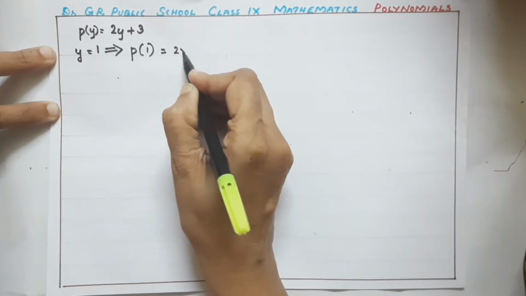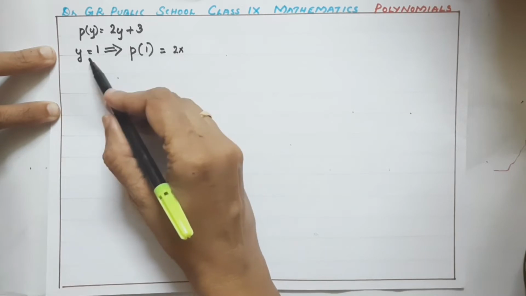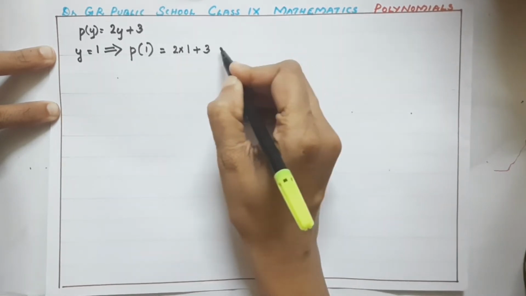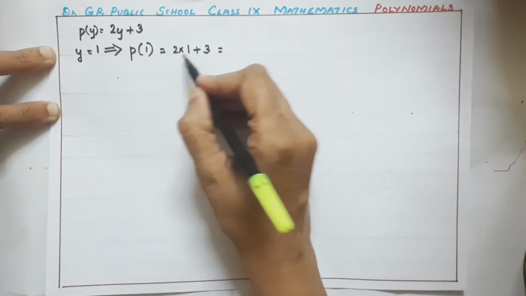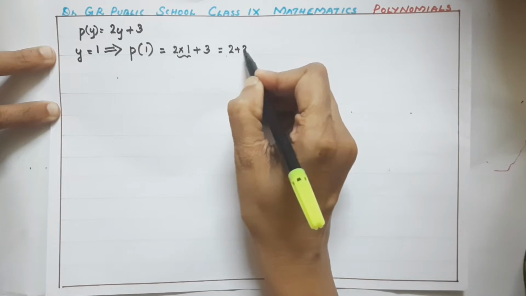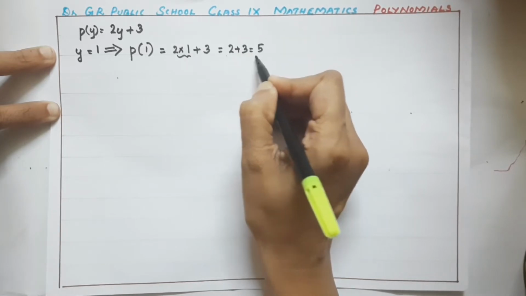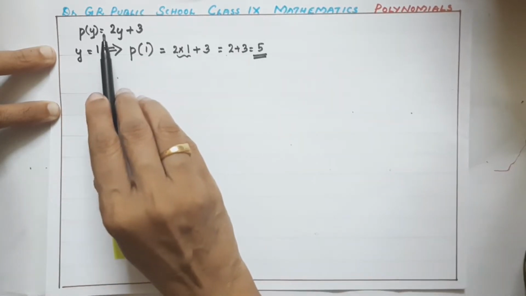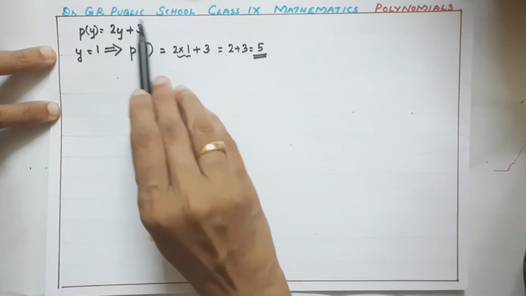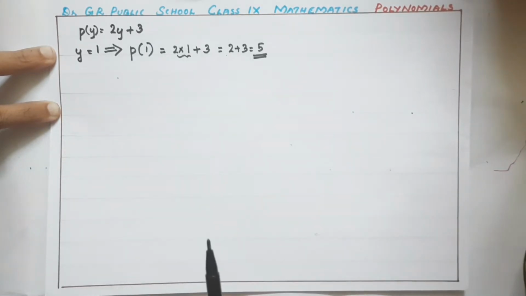So 2 multiplied by, for y we have to put 1, plus 3. So what is it? 2 into 1 is 2, plus 3 equal to 5. So when we put y equal to 1, we got the value of the polynomial as 5.